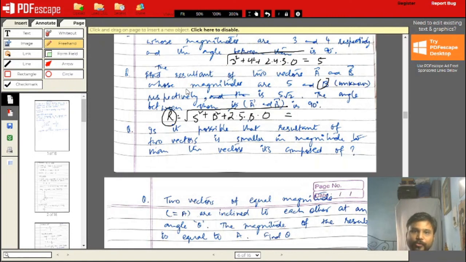Now R is equal to 5 root 2 and this is equal to this whole thing, which is 5 square plus B square. So 5 root 2 is equal to the square root of 5 square plus B square.